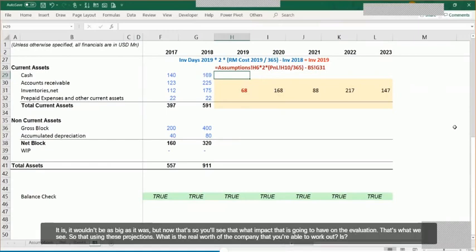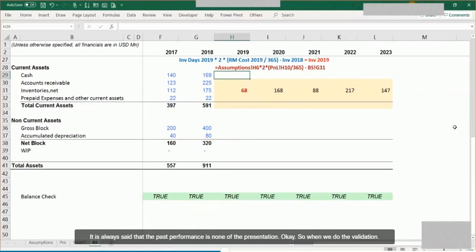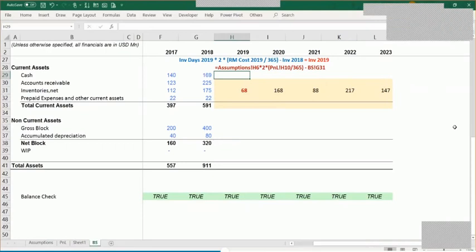It wouldn't be as big as it was, but still it is good. That's how you see what impact it is going to have on the valuation. That's what we see as we proceed further: using these projections, what is the real worth of the company that you're able to work out? Because it is always said that past performance is not a representation of your future performance. So when we do the valuation, we'll see that.